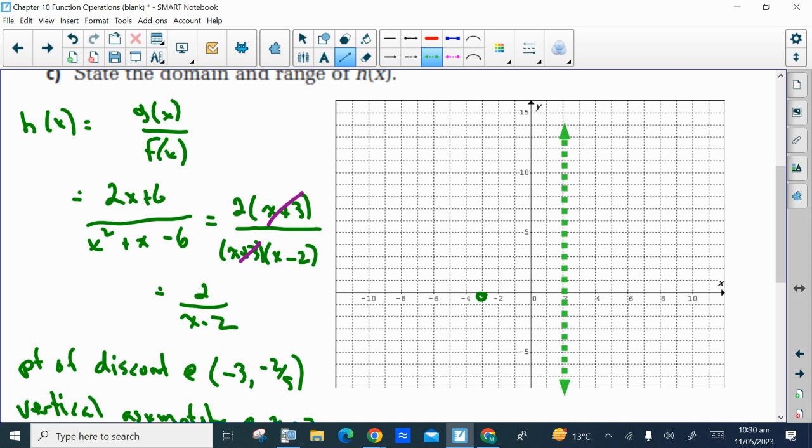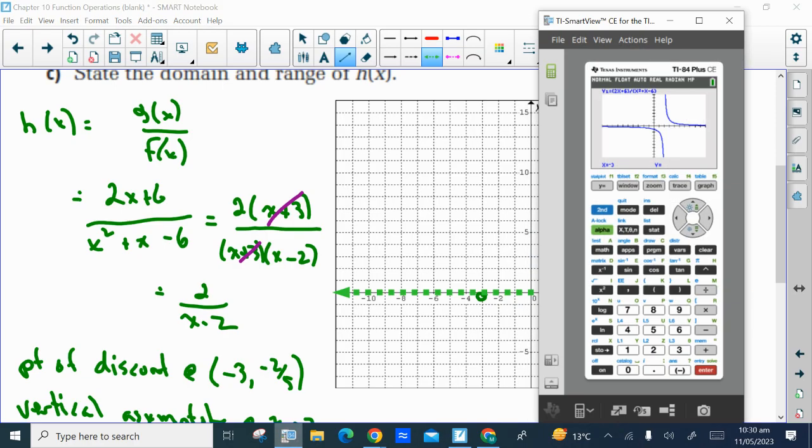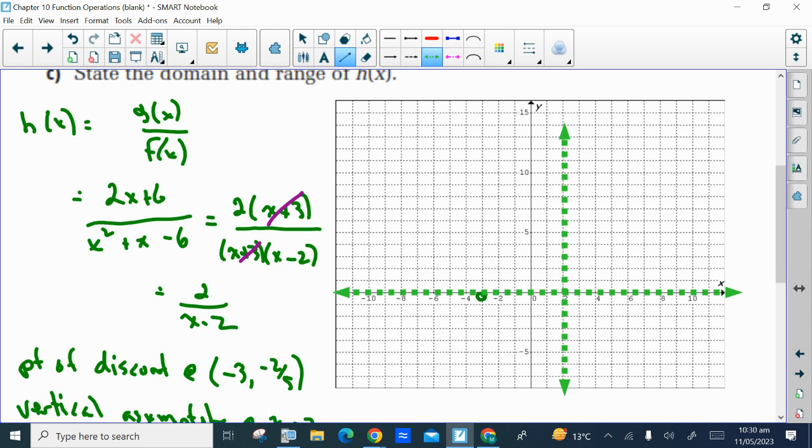But we want to put our horizontal asymptote in there. The graphing calculator also confirms that the graph is in the top right-hand quadrant and the bottom left-hand quadrant. And those quadrants are formed from the two asymptotes.